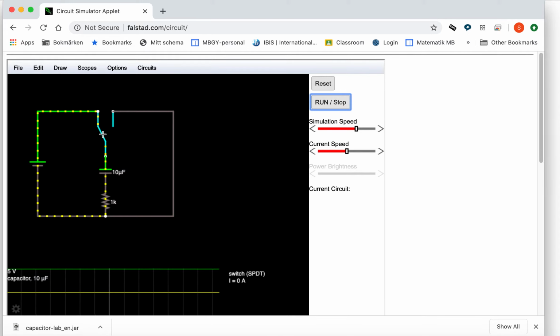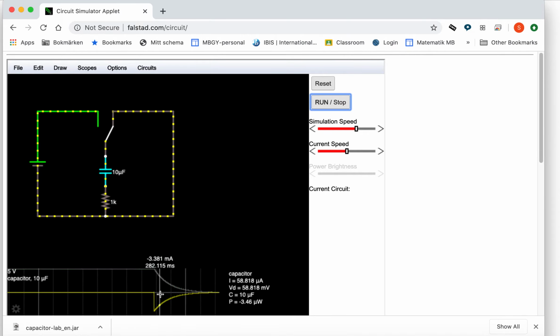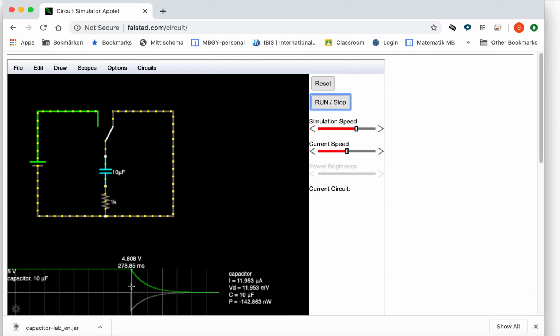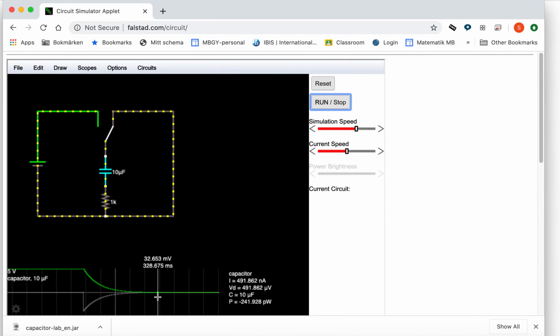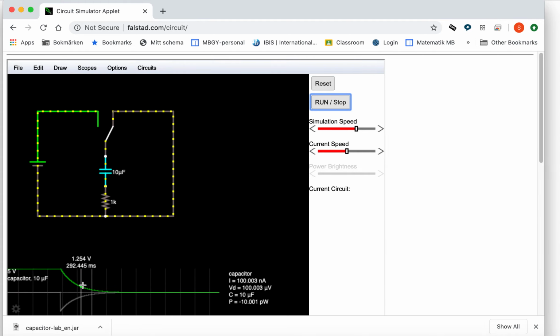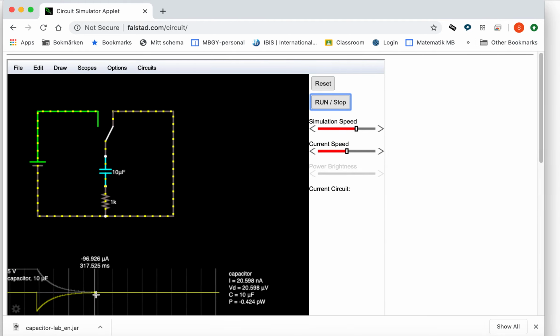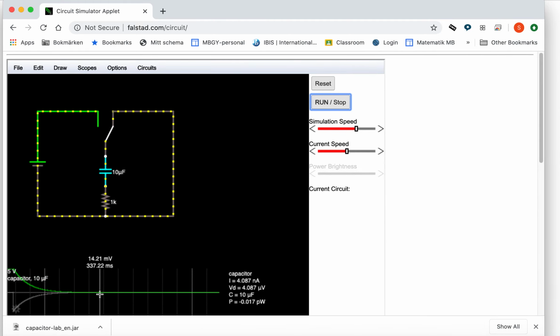So I'm discharging the capacitor. The current flows the other way, and we see what's called exponential decay in both the graph of potential and current, until they get down to 0 again.